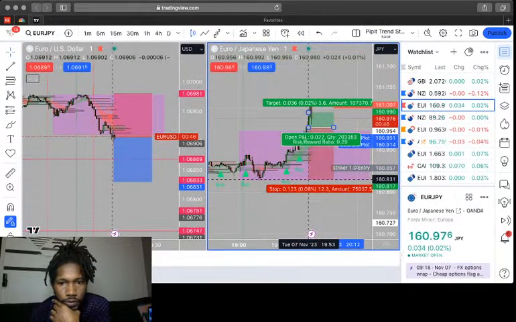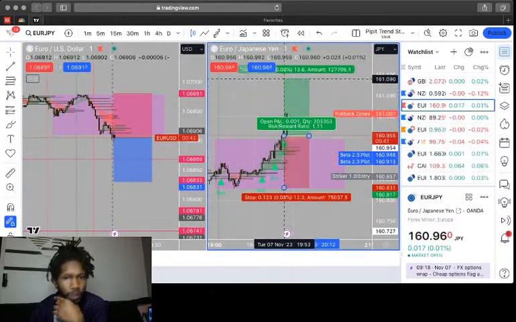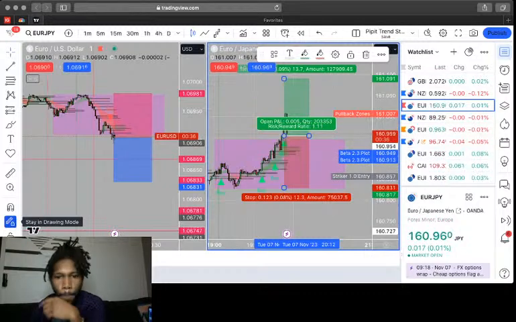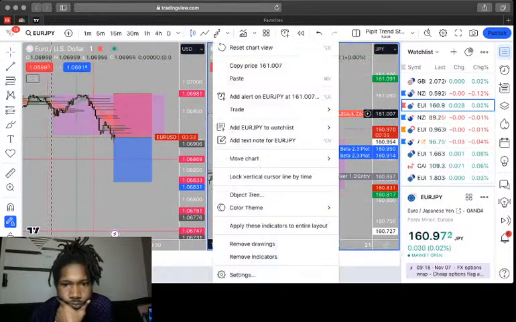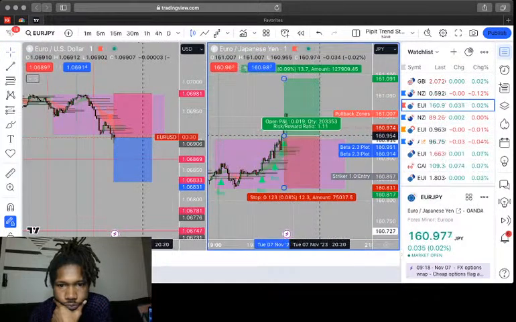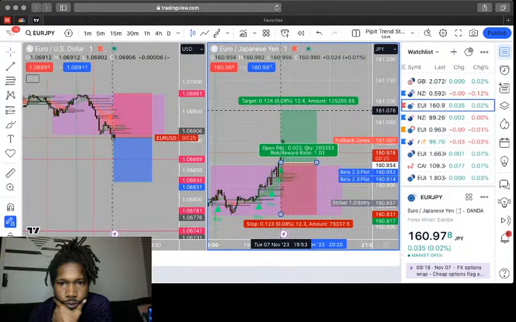So that was our setup for EJ. Kind of missed the entry. EJ, we actually have an entry right now. Of 12 pips. Go for a 1-to-1.